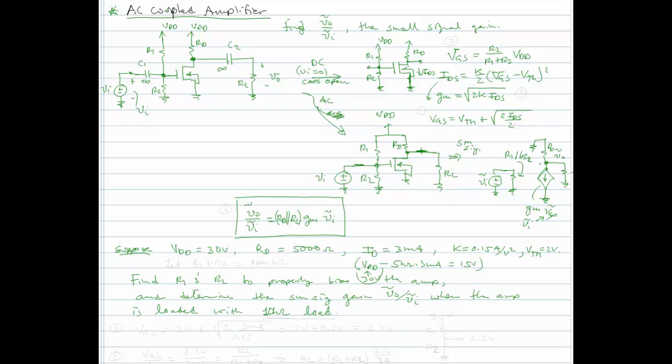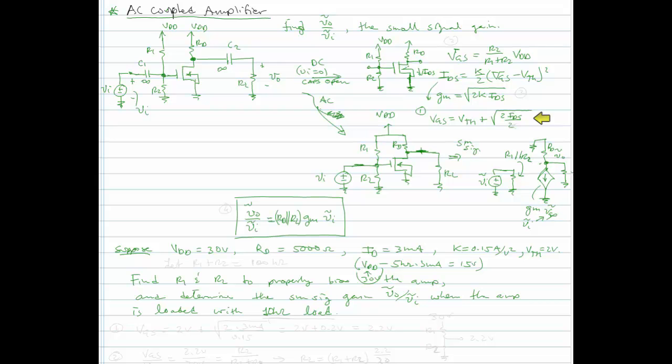Okay. So what we need to do is find the biasing VGS that corresponds to our bias current IDS of 3 milliamps. So I'm going to use this expression up here.